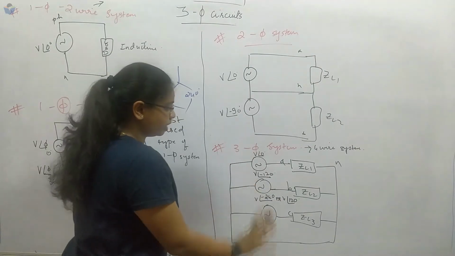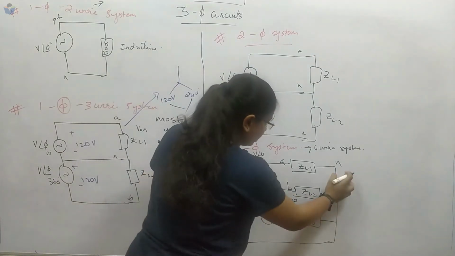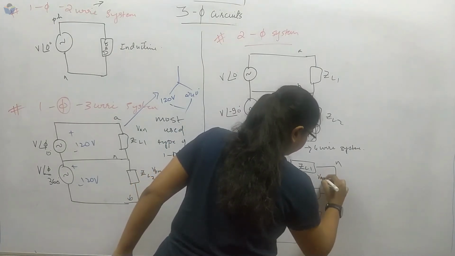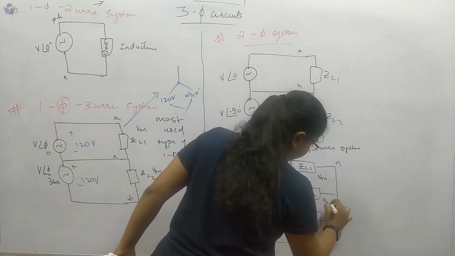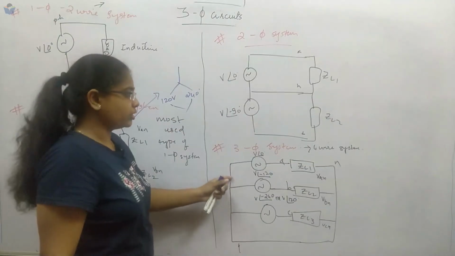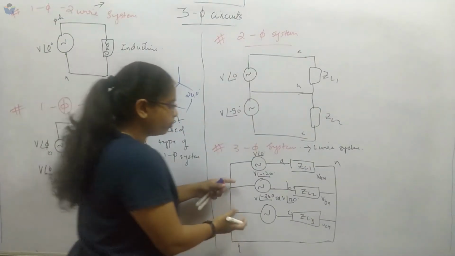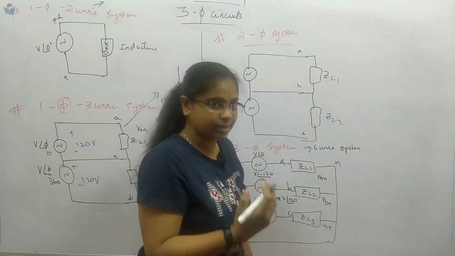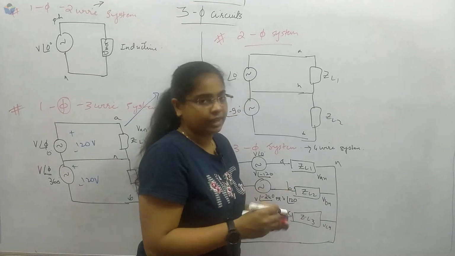Now since the neutral is connected, what will be the voltage across these? It is VAN, this will be VBN, and this will be VCN. So this is the 3 phase system. Now how did we find minus 120 and minus 240? Why did the displacement come? We will see it in the next lecture.